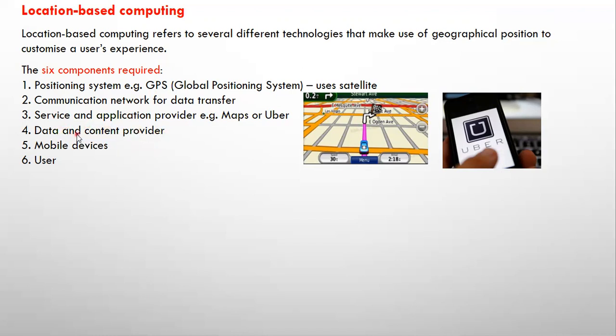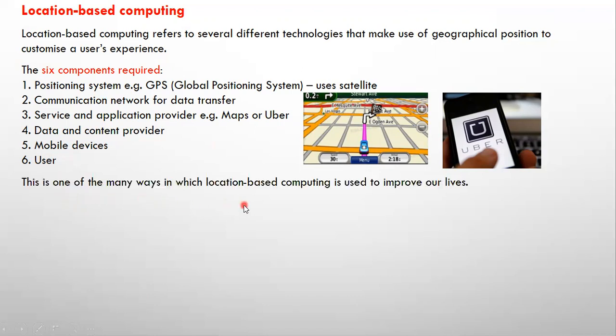Data is information to allow you to access your locations, for example, street addresses and information based on street addresses. You need a mobile device, and you need a user. Those are the components that form a location-based computing system.